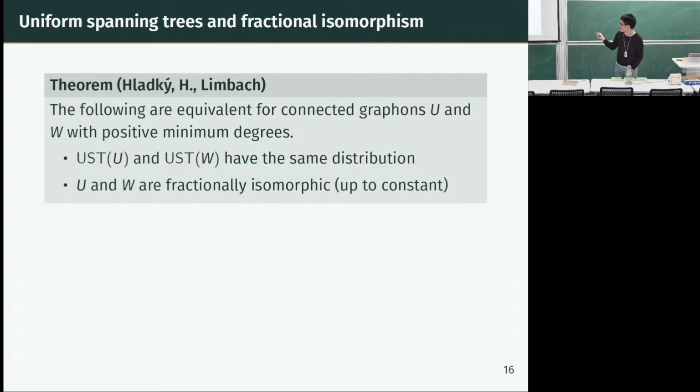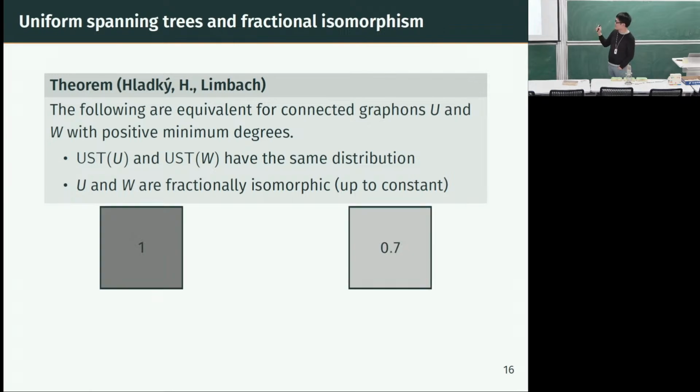And just to give you a sense of why this last extra complication might come in, now suppose I have two graphons, let's say the all-1, which basically means the complete graphs, and the all-constant 0.7, corresponding to random graphs of density 0.7.